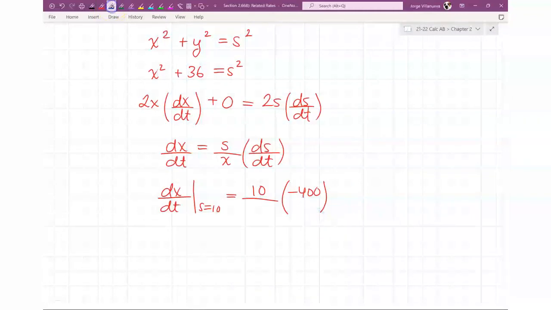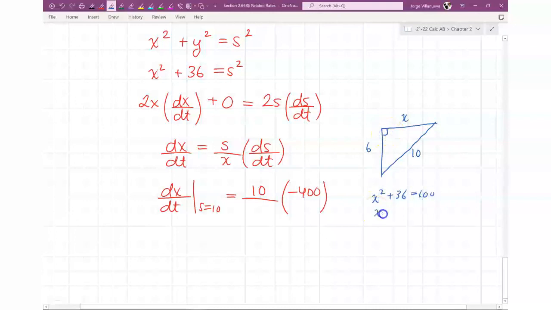But check it out. We know this is 6, and we know that's 10, according to the information I'm trying to figure out, when s equals 10. We knew that one of the sides was a 6, the other side was x, so x squared plus 36 equals 100.